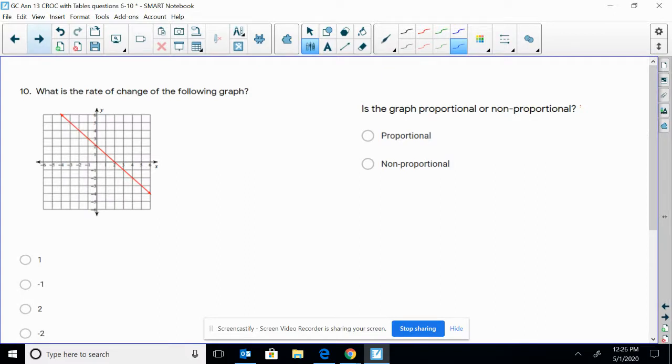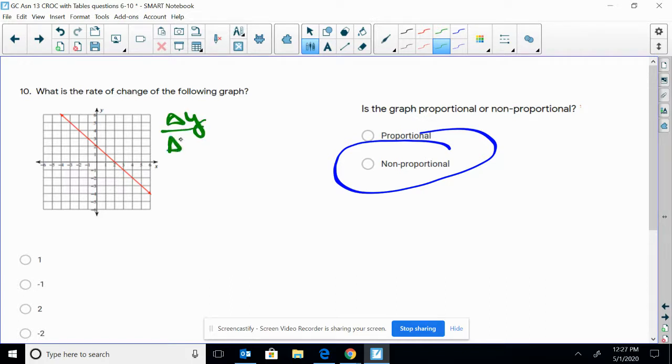10. I'm looking at that and I know right away it is not proportional because it does not go through 0, 0. So now let's find the rate of change. I notice that my graph counts by ones. So both my x and my y axis count by 1. So my rise, my change in y over change in x, which is rise over run.